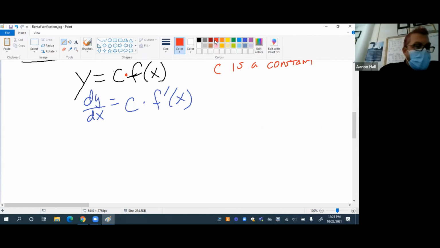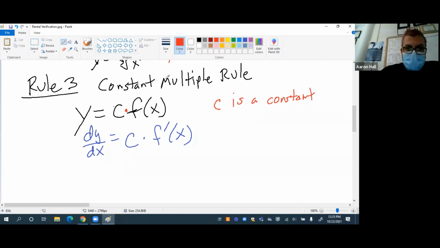All right. Let's do some examples then. What is this one called? Constant multiple rule. You don't have to have the rules memorized. We have to have the rules memorized. We just don't have to have the names memorized. All right. So let's do some examples.